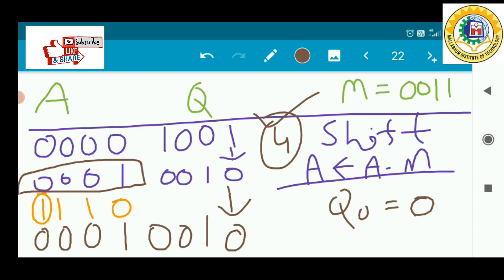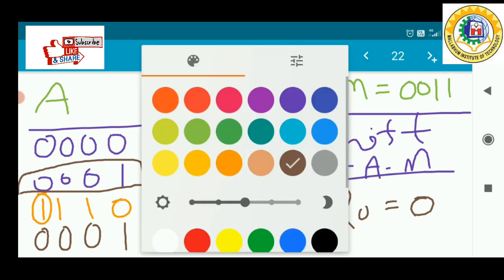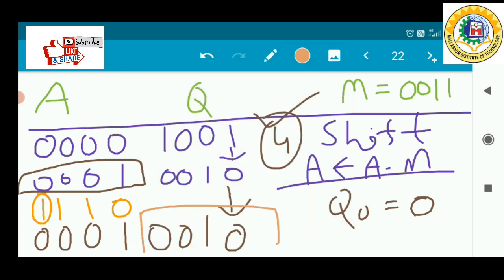After completion of the cycles, as I have told, you will get your quotient in Q and remainder in A. This is your final quotient and this is your remainder.